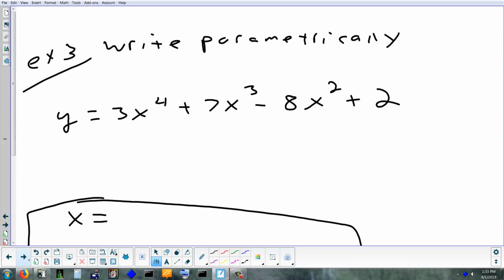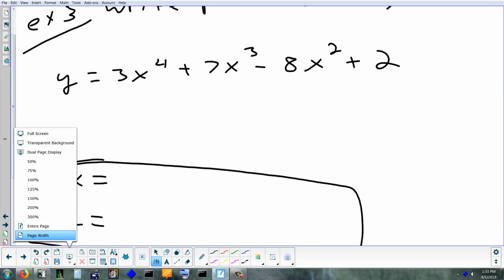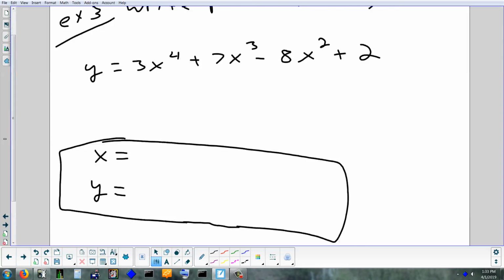Okay, so let's try it here. I want to write that parametrically. Let's start with the y equation. What would the y equation be? All right, so we've got the y equation.